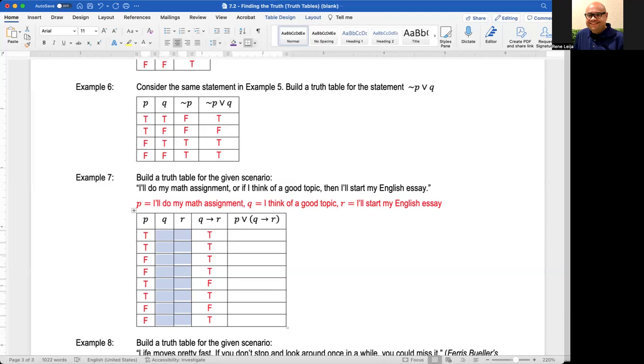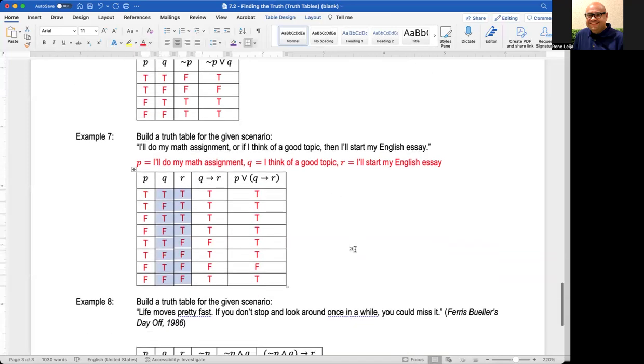So you can have either or both. Okay, so as long as you get at least one true, then it's true. So this is true, true, true, true, true, true. This one, since both of them are false, that's false. This one's true. All right. And that's how you fill out your truth table.